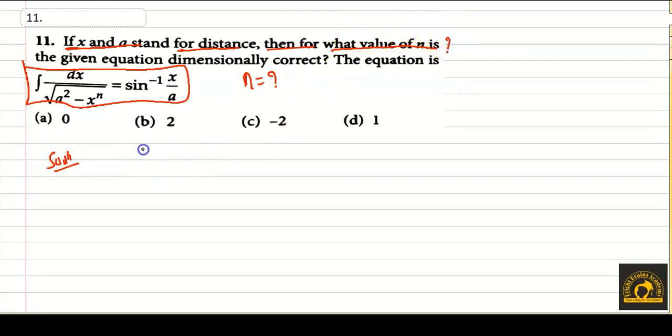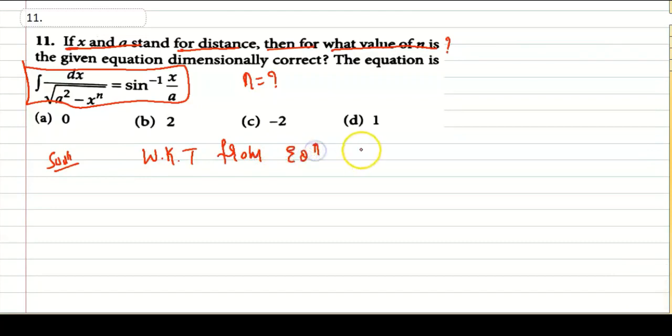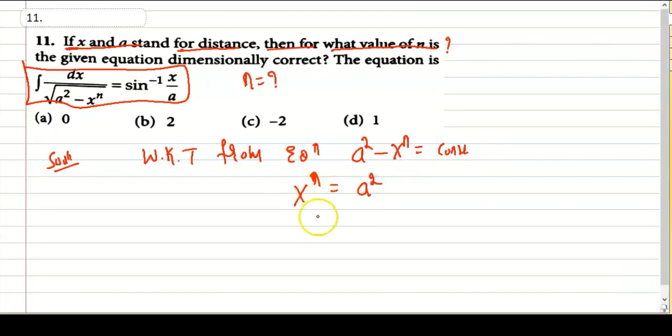From the equation, A square minus x to the power of n is constant. So according to the principle of homogeneity, x to the power of n is equal to A square. Therefore n is equal to 2, so option B is the correct answer for this question.